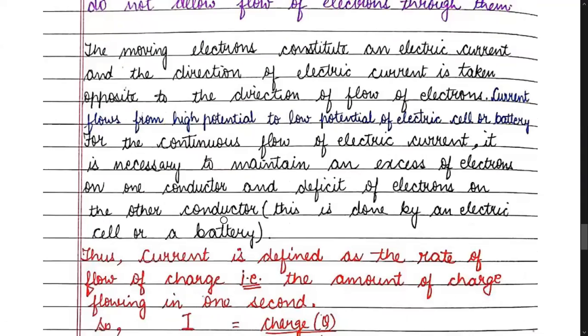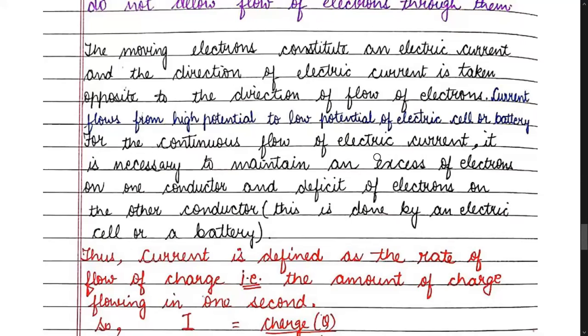The moving electrons constitute an electric current and the direction of electric current is taken opposite to the direction of flow of electrons. Current always flows from high potential, that is the positive end, to low potential, that is the negative end of an electric cell or battery.